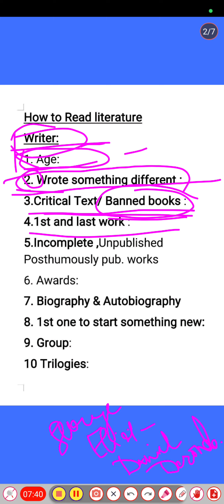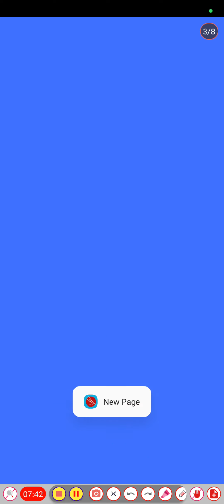When he started his career, he first wrote a review, a review on maritime laws in the 17th century. So that was the work that he wrote.